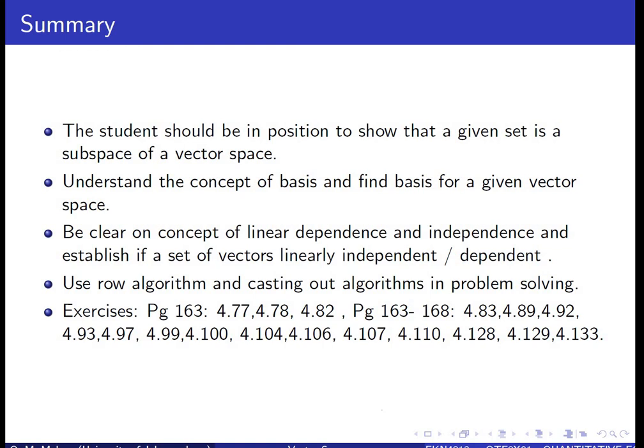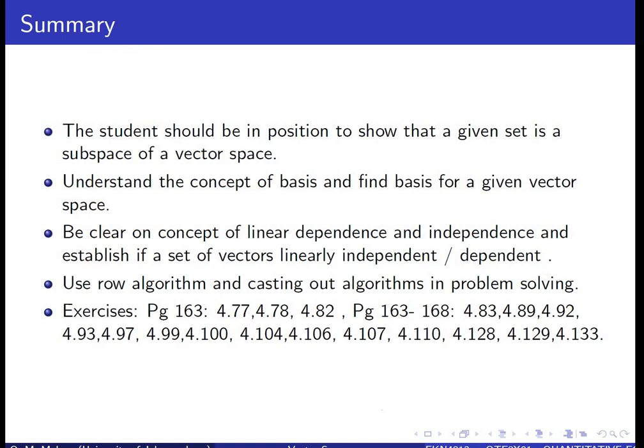So what you can do is go to page 163 of the Schaum's Outline Series textbook in linear algebra, 3rd edition, and do all these exercises for practice purposes. They're not for hand-in. You can do them on your own, but you should expect them. The level of difficulty of the test will be at the level of those exercises.